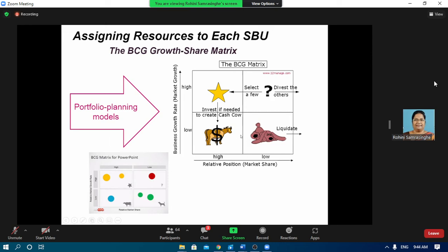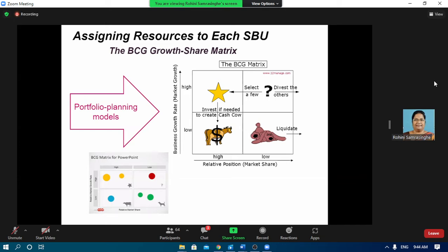Finally, we can look at how a company can improve their business portfolio. After analyzing, they can understand the real picture of their business portfolio. That will support them to understand the weaker businesses as well as the profitable businesses.